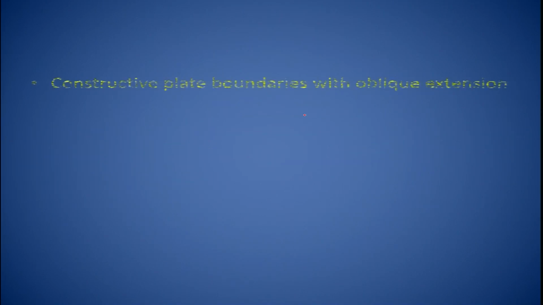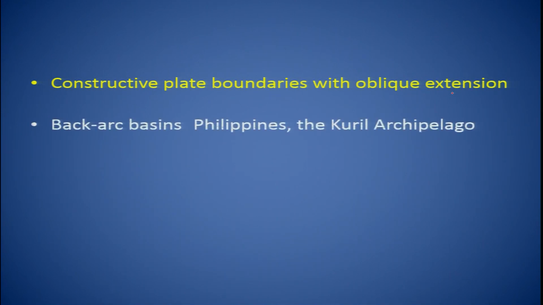Okay. And then we have the constructive plate boundaries with oblique extension. So we have the back arc basins where we also see strike slip motion, and one is the Kuril archipelago.